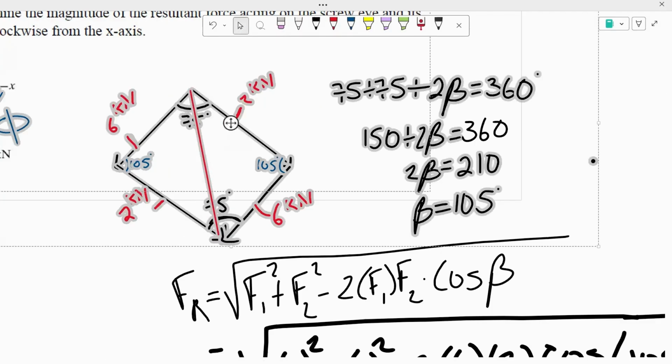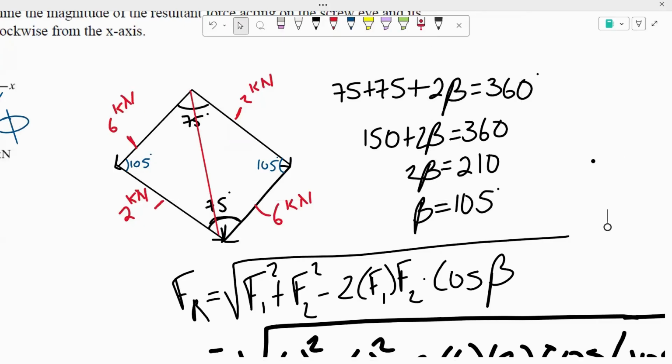Okay, something like that. So what we're trying to find is this angle right here. Again, like I mentioned earlier, we're going to use the sine law to find that.